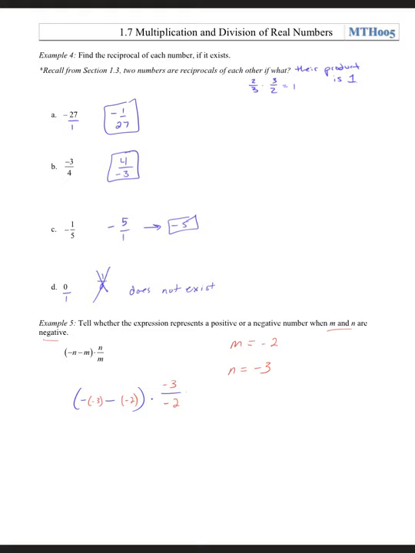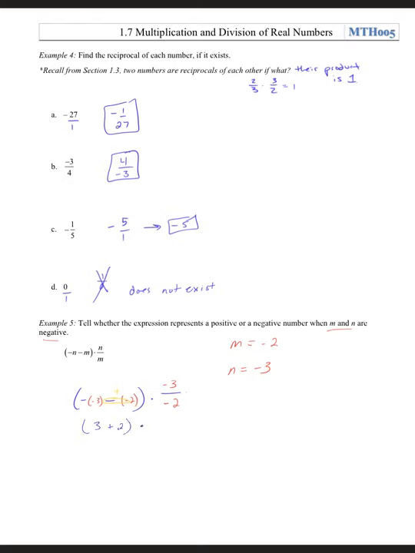Now we're not going to be entirely concerned with the numerical value of our answer. We just want to figure out if it's going to be a negative or positive. So let's go ahead and start thinking through this problem. Well, the first thing, we have minus a negative. That's going to be a positive value. We also have a negative here multiplied by a negative 3. So that'd be like the opposite of a negative 3, which would leave us with a positive 3, and then that would be plus 2.